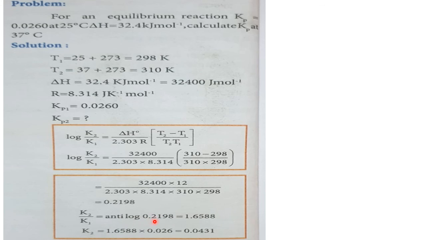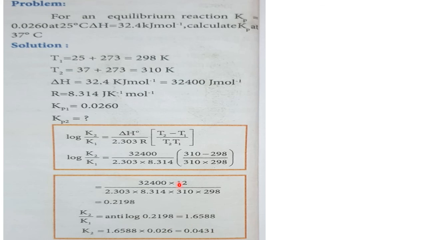So K2 by K1 is equal to the anti-log of this value, 1.6588. Cross multiplying, K2 is equal to 1.6588 into the Kp1 value, 0.026. Multiplying these two, you get the Kp2 value, that is 0.0431.